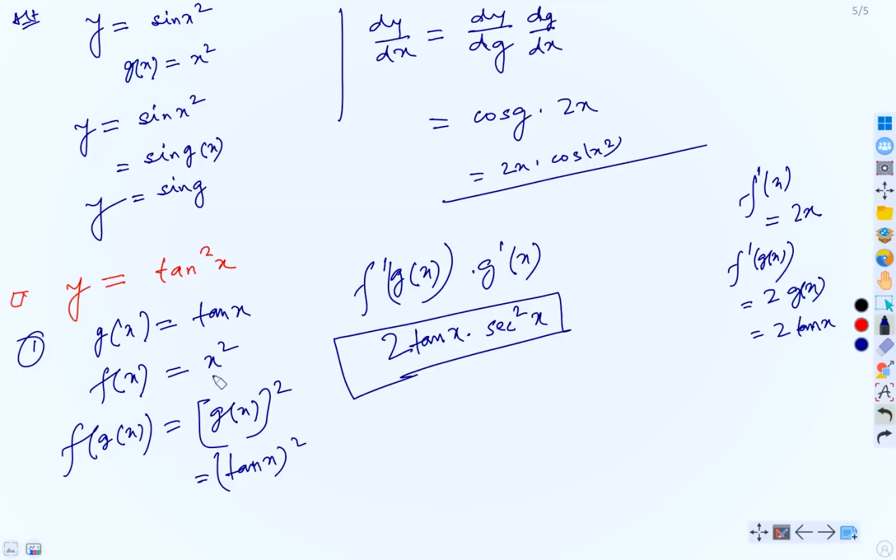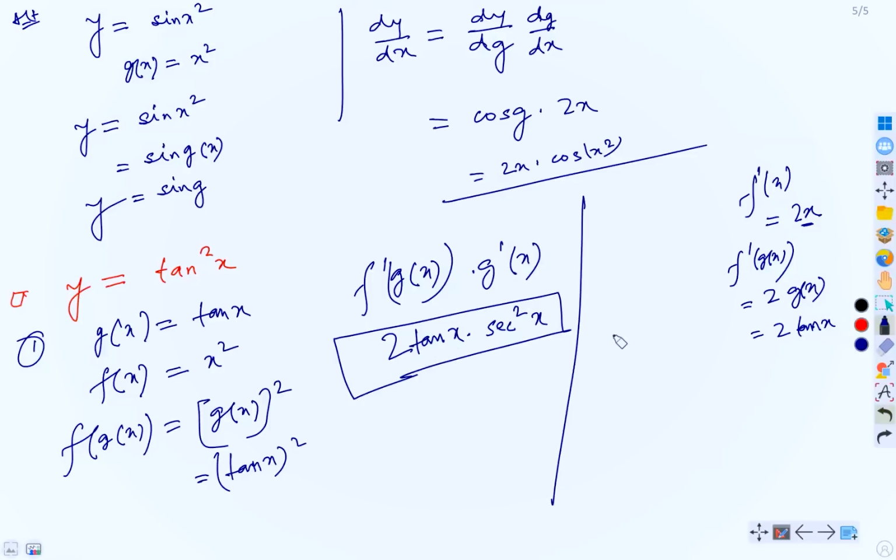Now our f(x) is x square and differentiation of f(x), that is f dash x, is 2x, but we have g(x) here, so replacing x by g(x), it would be 2 times g(x), and we know g(x) is tangent x, so we substitute the value of g(x) and multiplying, you obtain the final result.